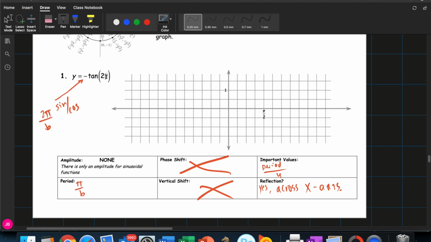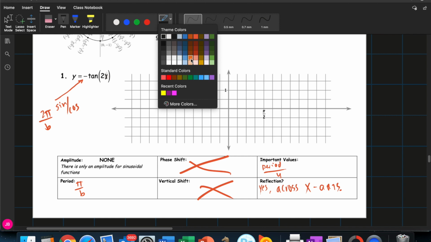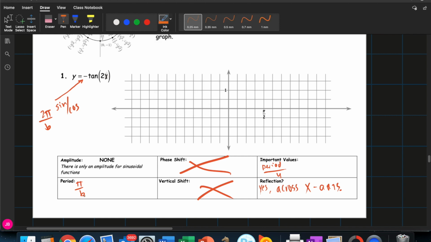You could say it's 2x. It doesn't really matter. That theta and that x, or whether they give you alpha or beta, they all are just standing in place for angles for your x-axis. Okay? So we have pi over b. And my b in this case is what? So it's just going to be pi over 2.